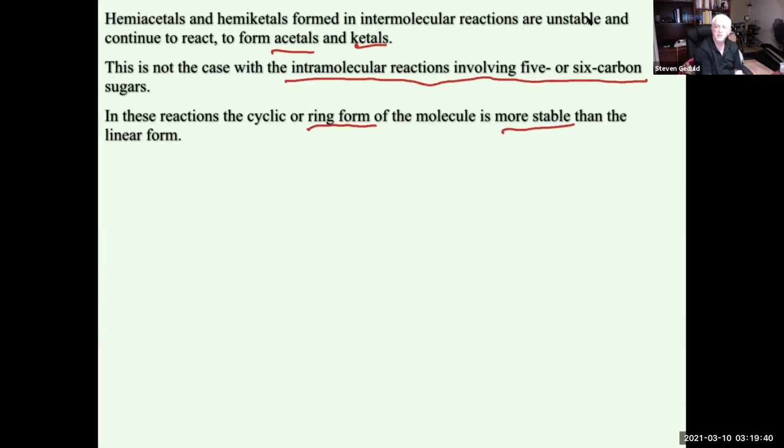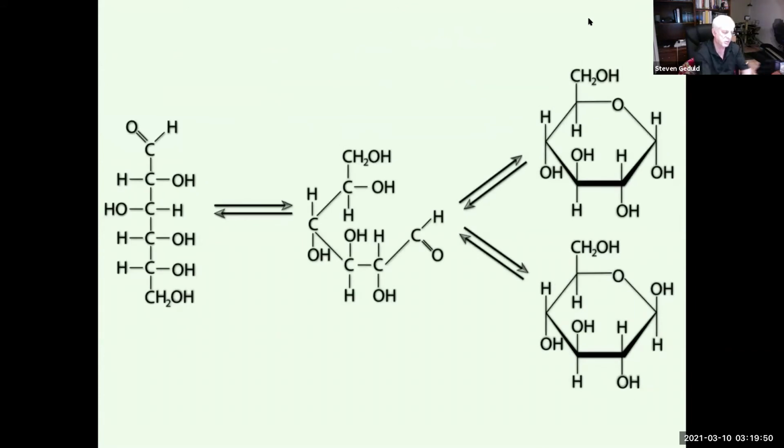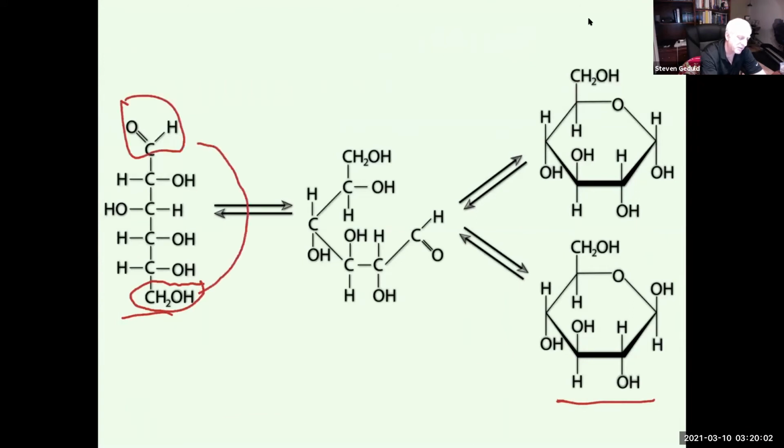And we're gonna start writing linear forms and ring structures with our sugars as we get into biochemistry. So here, this is what's called a Fischer projection, and this is the ring structure. But it's binding upon itself because here is an alcohol and here is an aldehyde. So we're getting that same reaction.